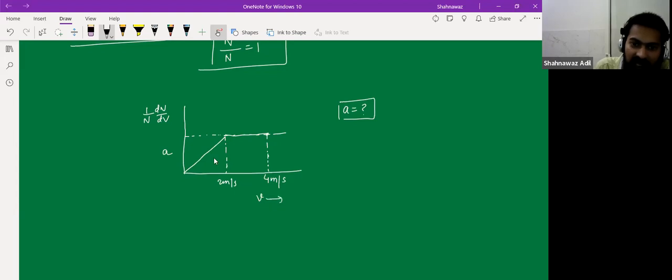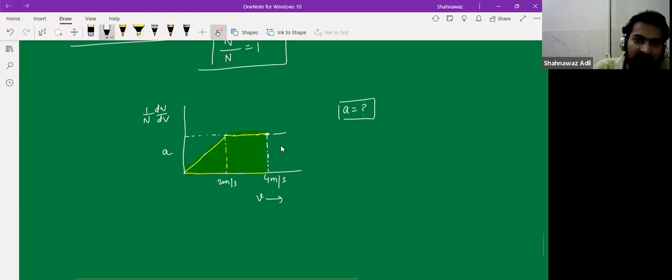You know that this is the 1 by n dn by dv versus v graph, right? So what will be the area under this curve, the area of this trapezium?